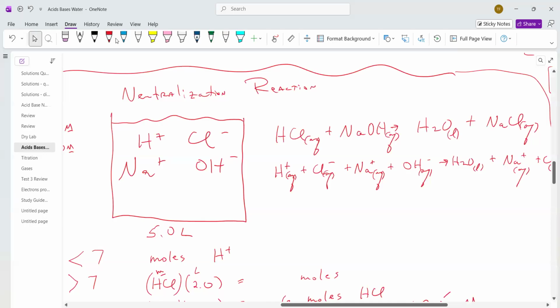What are the coefficients? This reaction here. 1, 1, 1, 1, right? So if we know the moles of that, we know the moles of that. If we know the moles of that, we know the moles of that.